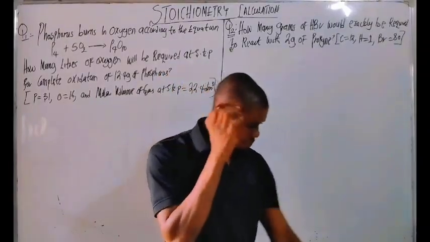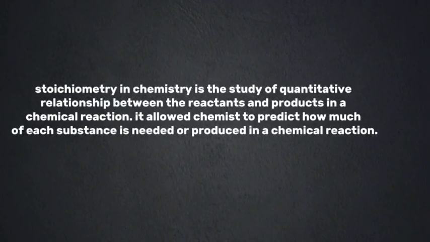So take it down. Stoichiometry in chemistry is the study of the quantitative relationship between the reactants and products in a chemical reaction. It allows chemists to predict how much of each substance is needed or produced in a chemical reaction.